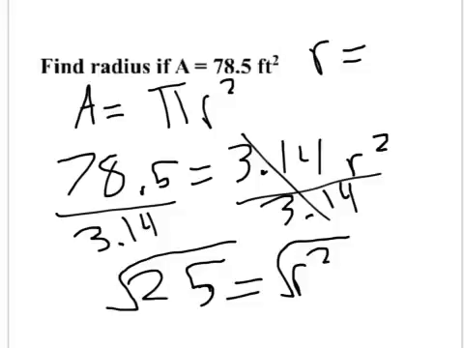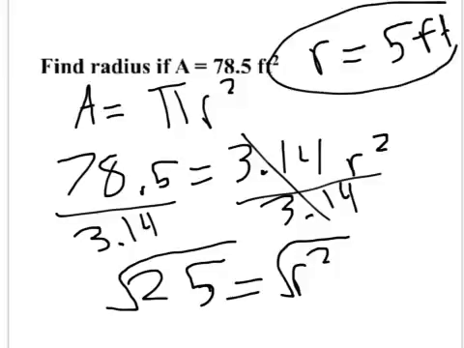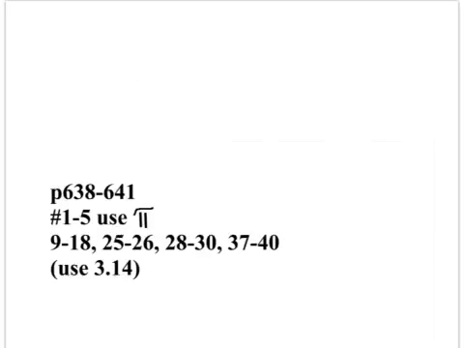Because the square root of r squared is r, right? Square root and square cancel each other out. What's the square root of 25? 5. So my answer is 5 feet. Easy enough, right? So it's r equals 5 feet.